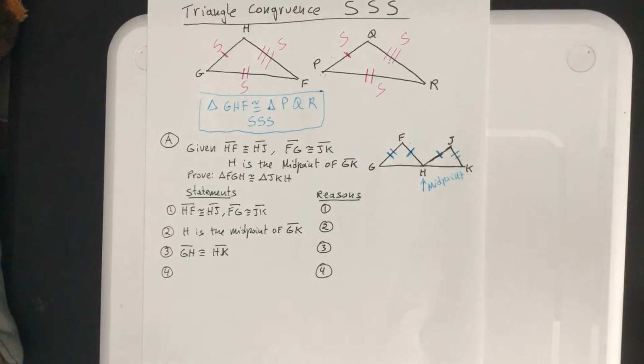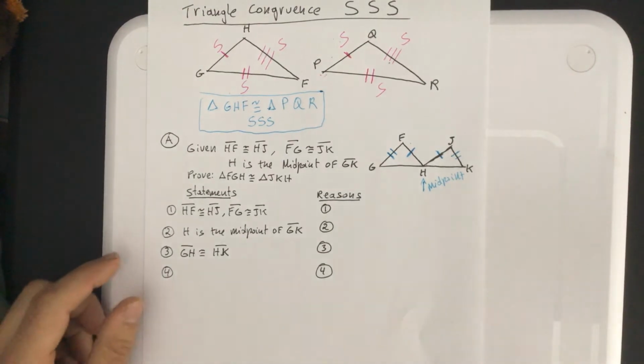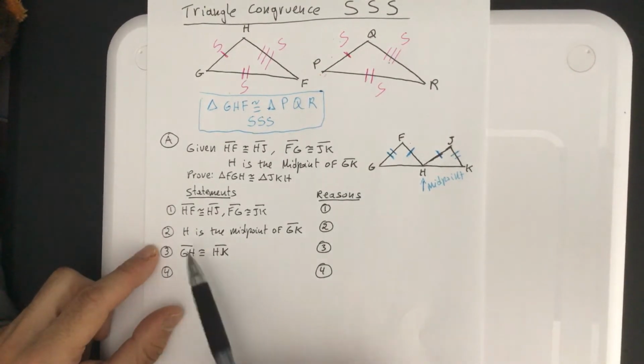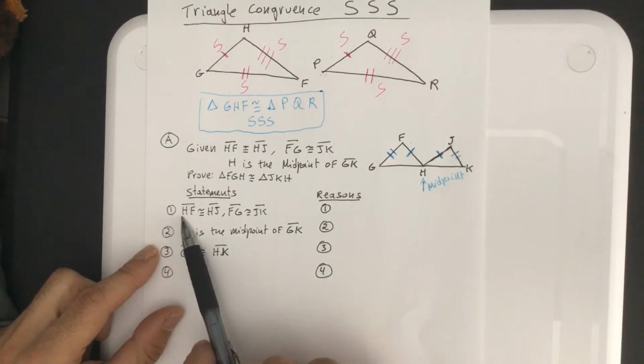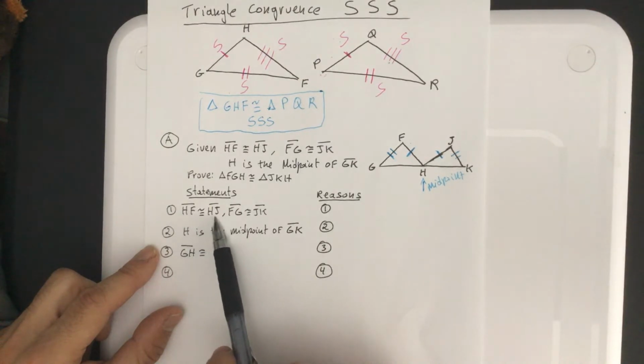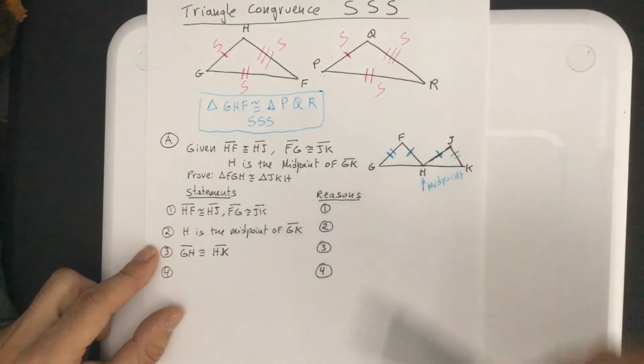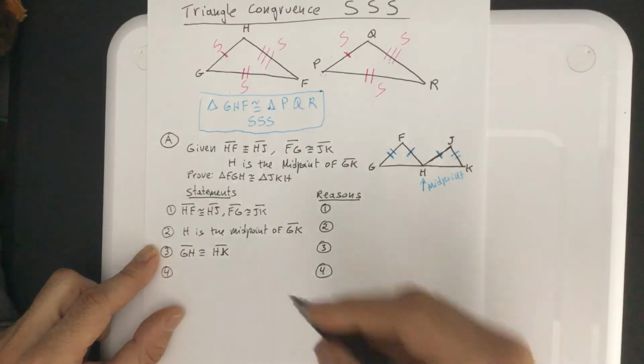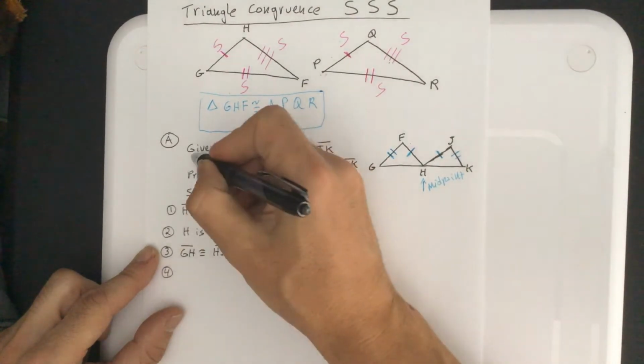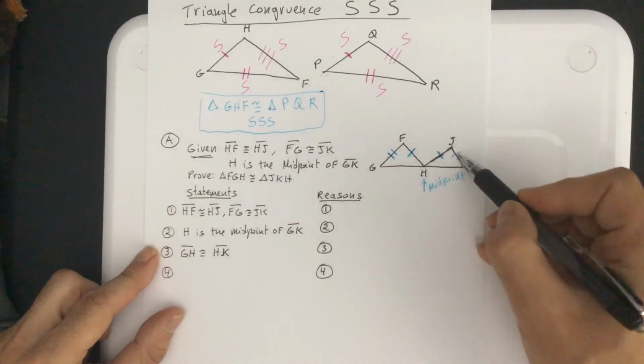Well, a way to prove it is to use statements and reasons. So in this case, we got statement number one: HF is congruent to HJ and FG is congruent to JK. Why are they congruent to each other? Well, the reason is given. They're telling you right here, and also right here.